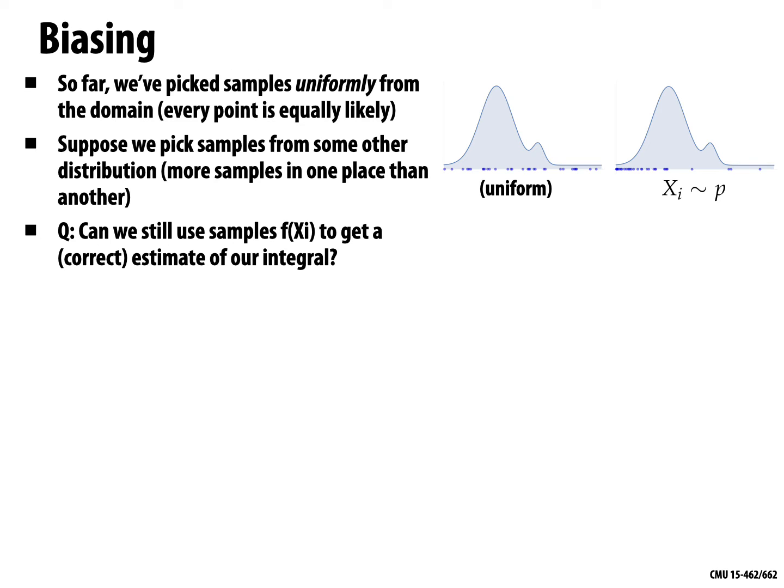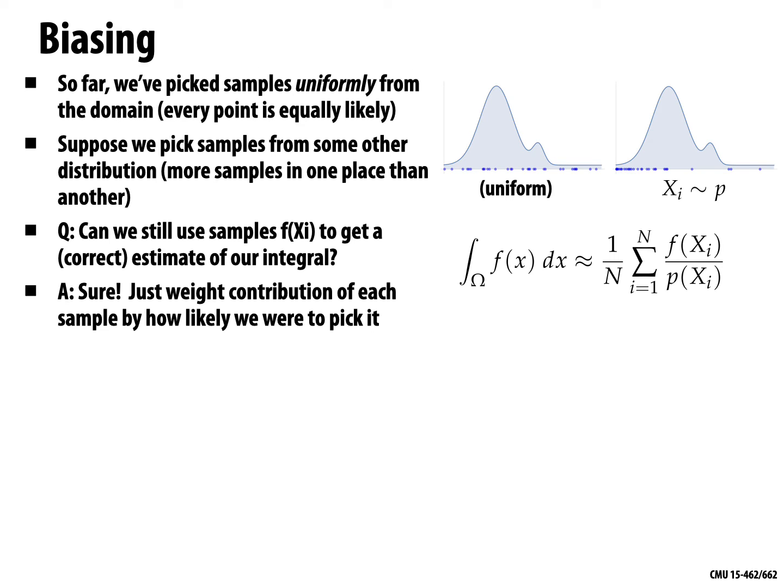Can we use these samples, these what we'll call biased samples, to still get a correct estimate of our integral? Sure. All we have to do is account for this bias, account for how much more we're taking samples from one region than another when we go to write down our weighted average.